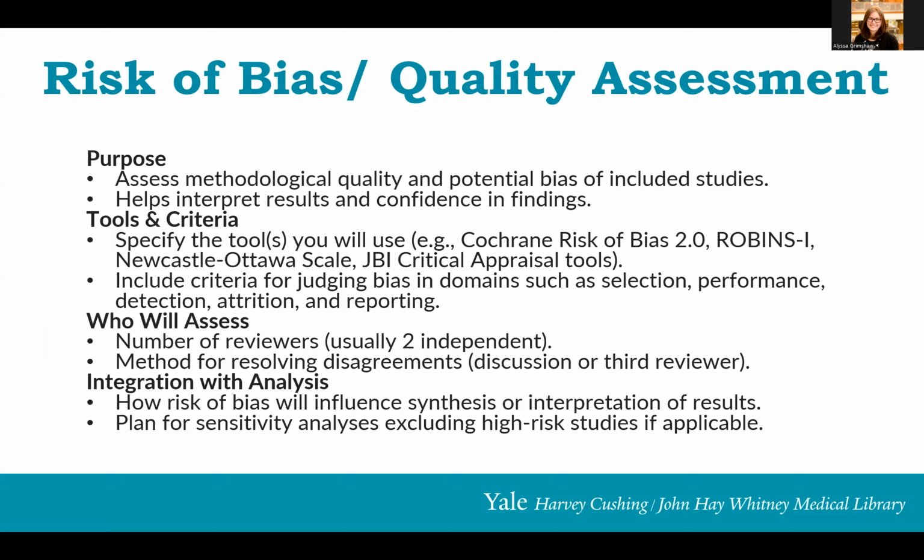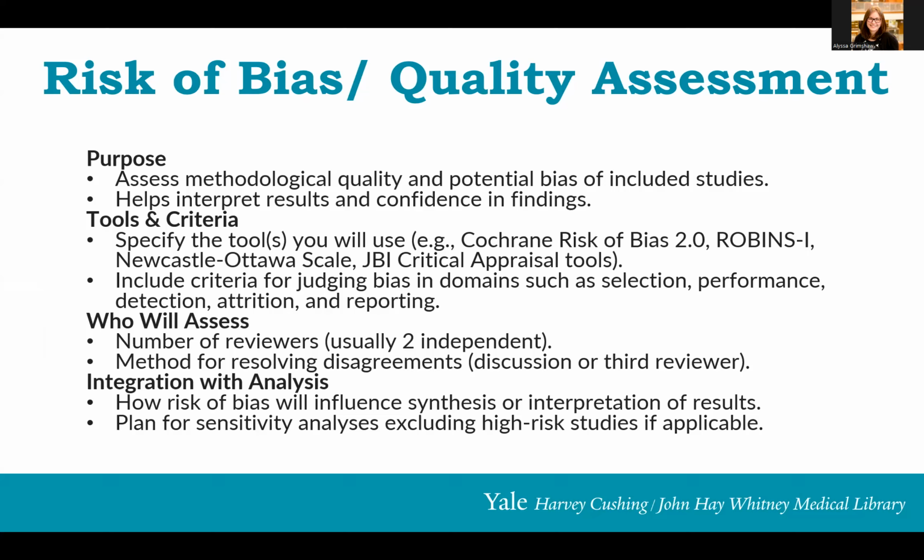But we have Cochrane risk of bias or RoB 2, and then we have ROBINS-I, and now there's ROBINS-E. So RoB 2 is for RCTs. ROBINS-I or E is for intervention or exposure studies. So depending on what observational studies you're including, if they're an intervention or exposure, that might be appropriate.